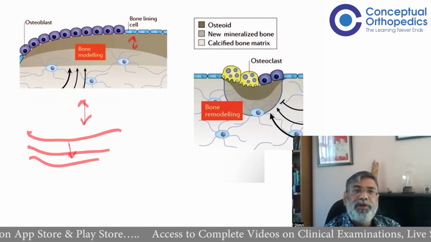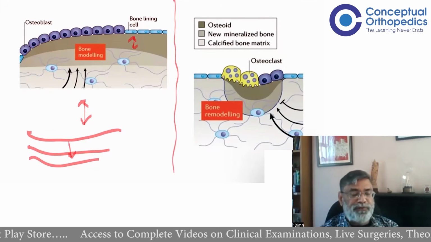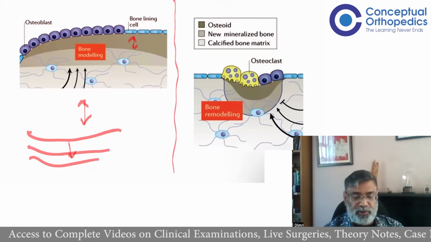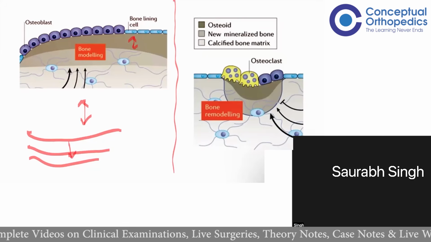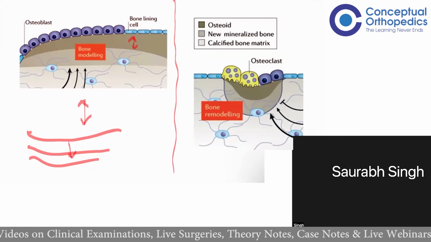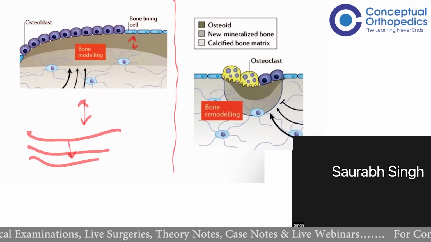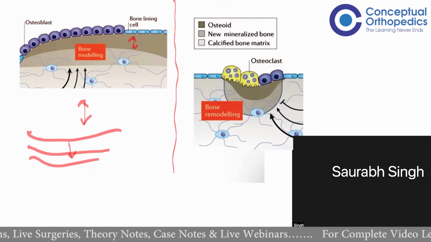So you want to differentiate, Saurabh, between the two kinds of bone formation, modeling and remodeling. What's the difference between modeling and remodeling? Sir, remodeling is a continuous process of resorption of the bone through osteoclast and deposition of the bone through osteoblast.